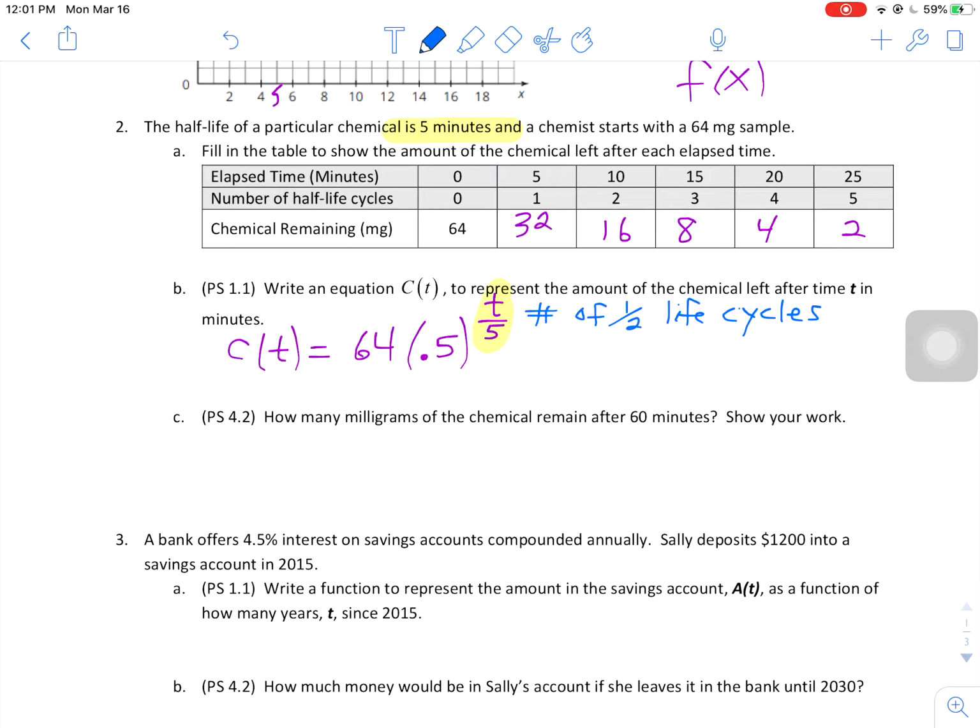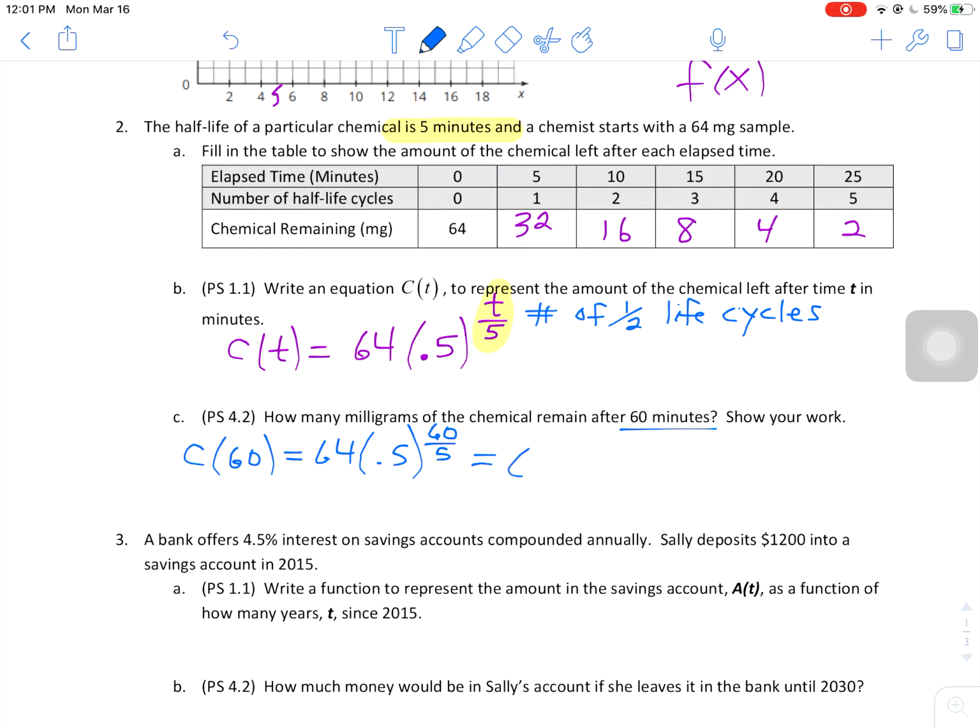On part C, they want to know how much is left after 60 minutes. So we just use our formula from part B and we just plug in 60 for t. So we have C of 60 equals 64 times 0.5 to the 60 divided by 5.